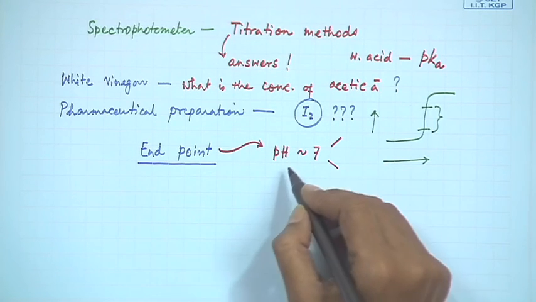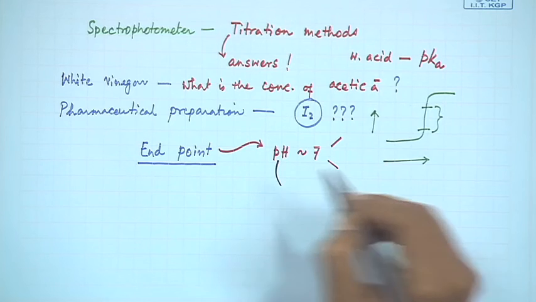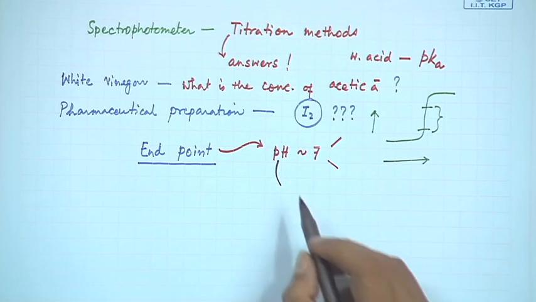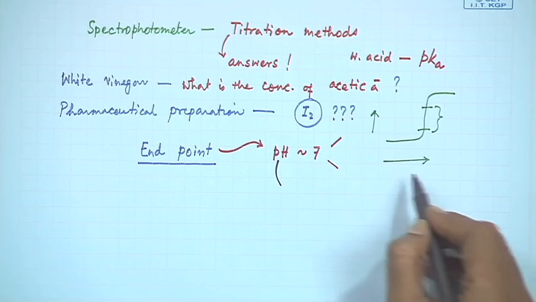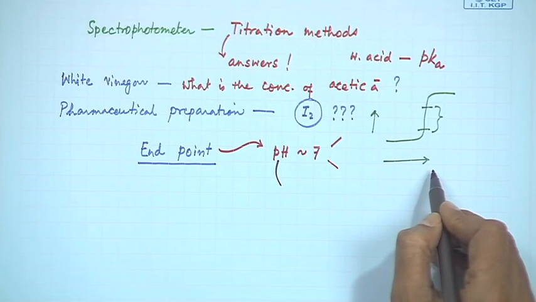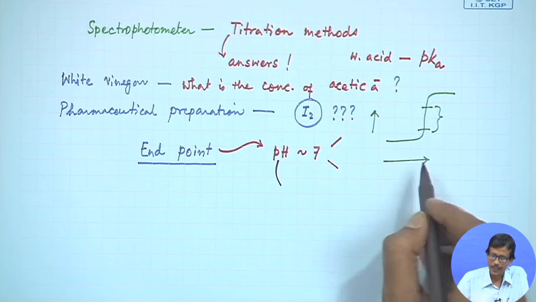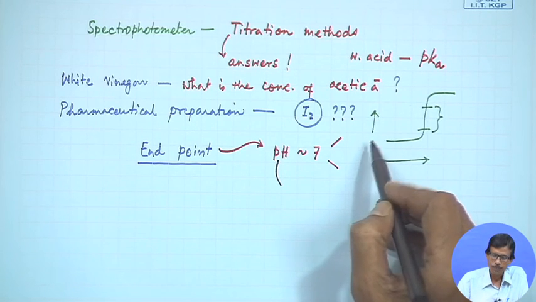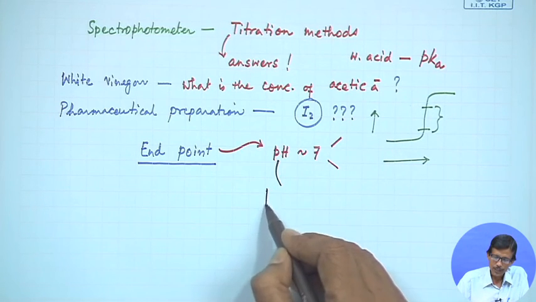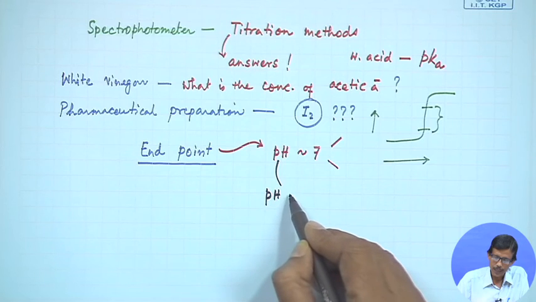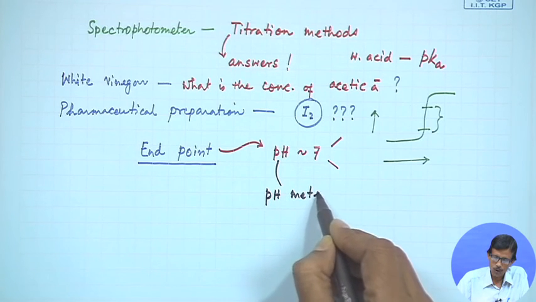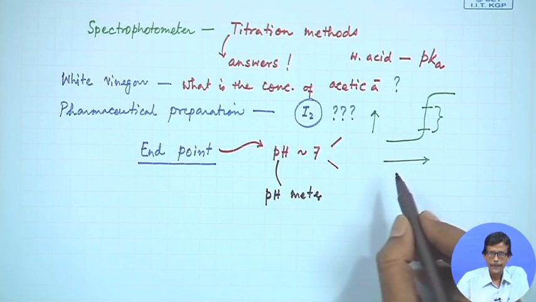The simplest possible answer is that if we have an instrument which can detect the change in the pH during the volume of addition of the titrant, because this is your titrant, this is your analyte volume. So, pH can be monitored very nicely with the use of a pH meter.